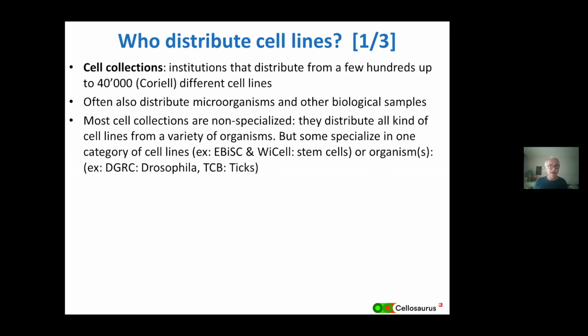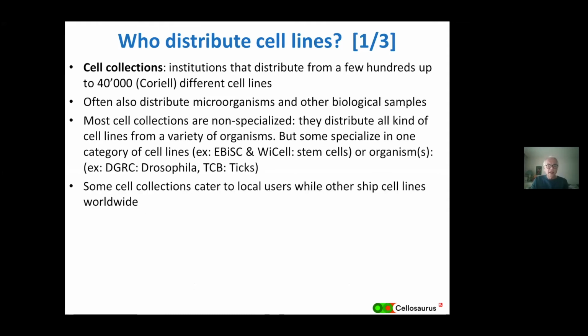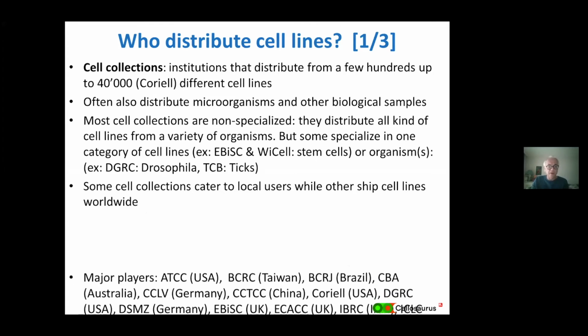Some are specialized, and I've put here a few examples, either in terms of which cell lines they distribute or in terms of what organisms they cater for. Some cater to local users and will ship only inside a specific country, while others will ship cell lines worldwide.